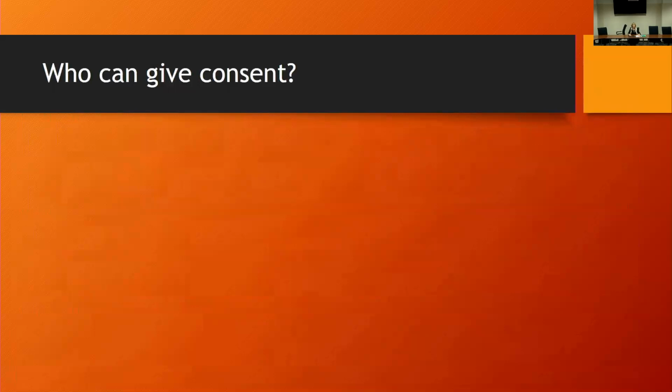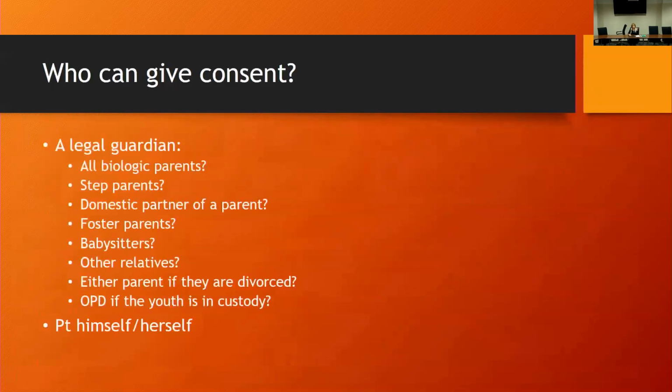So I kind of alluded to this. Obviously, the parent who actually has custody. If a child is a foster child, it depends on what the court has decided about medical custody with the child, right? The domestic partner of a parent, only if the court has awarded them that right.